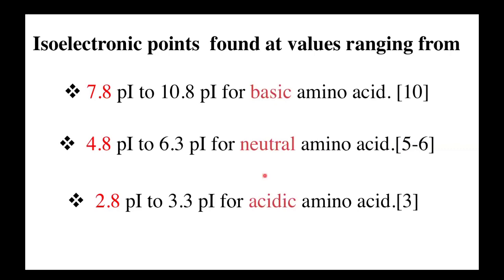Since its pI is around 5, if the pH is greater than pI, the medium will be basic, and hence it will remove the H plus from NH3 and lead to a negatively charged species, and hence it will move towards the anode.